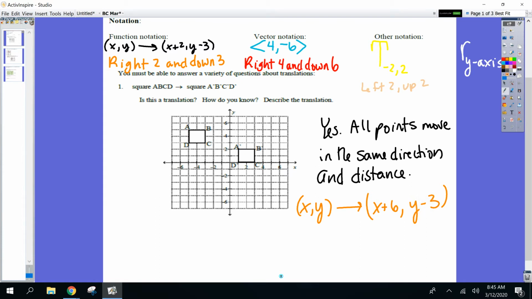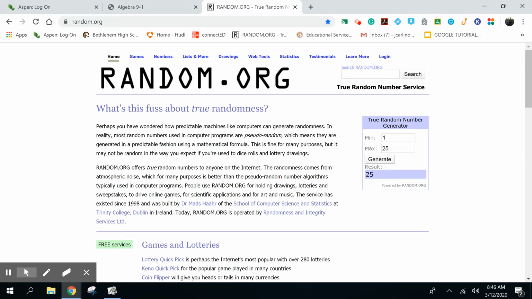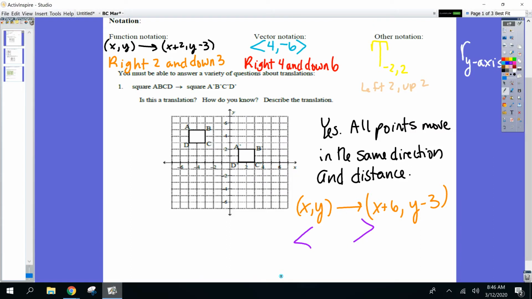Good. Vector notation. What numbers should go in my vector now that represent right 6 down 3? 6 comma negative 3. Nice job.